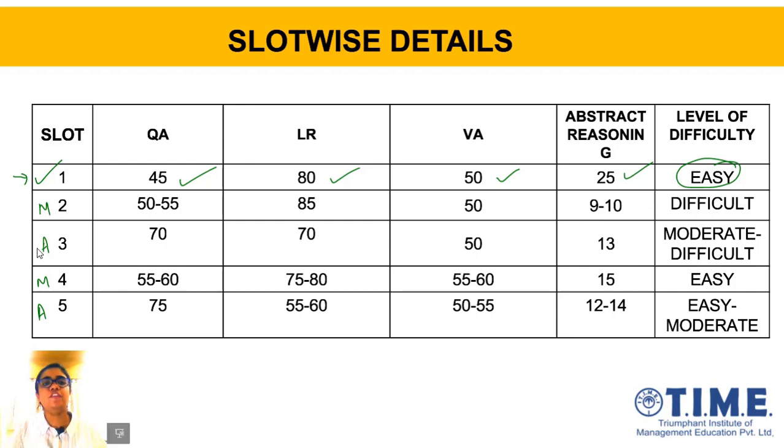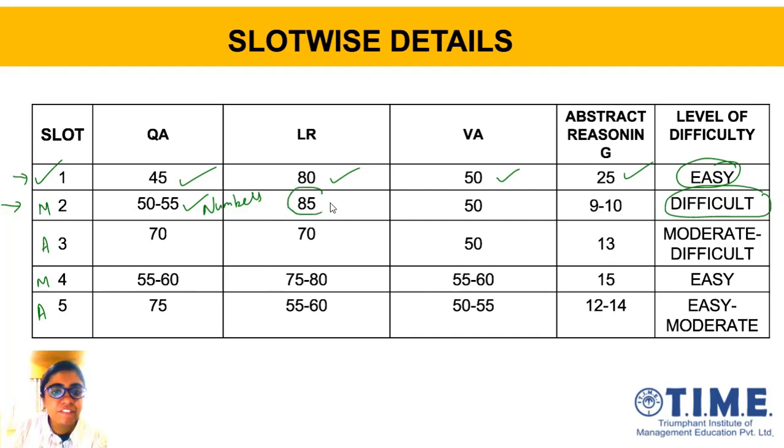Now if you look at slot number 2, which was on 24th of August in the morning, this was considered the most difficult slot among all the 5 slots. It had around 50 to 55 quant questions. Majority of the questions were focused on a chapter called numbers. However, quant was easy.